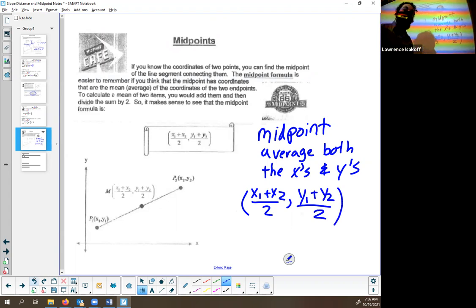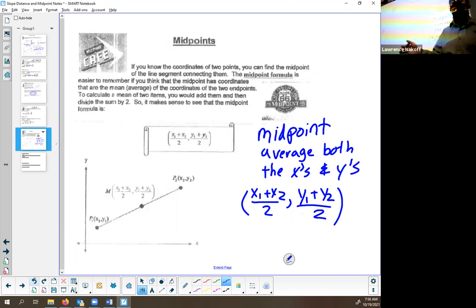That's it for midpoint. Average your x's, average your y's, call it a day. So it's located in the middle between both the x coordinates and the y coordinates.